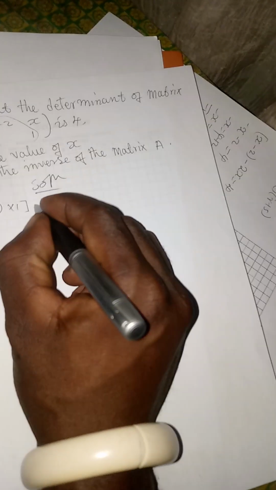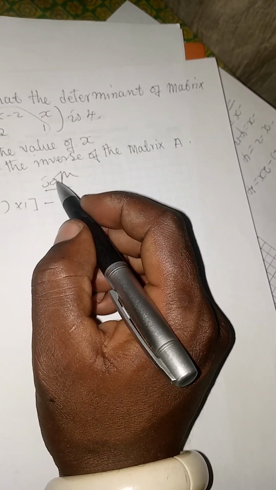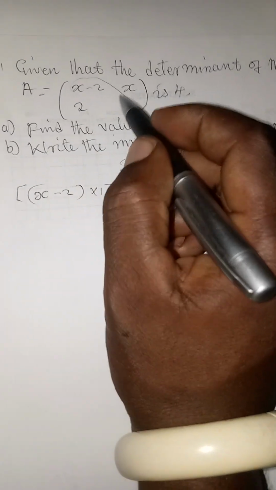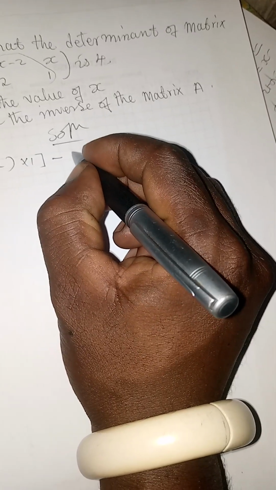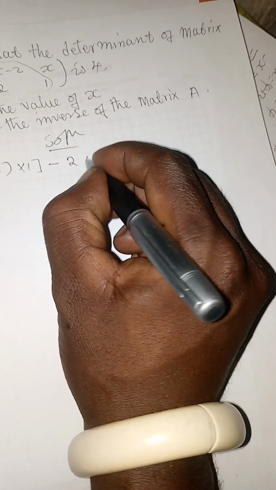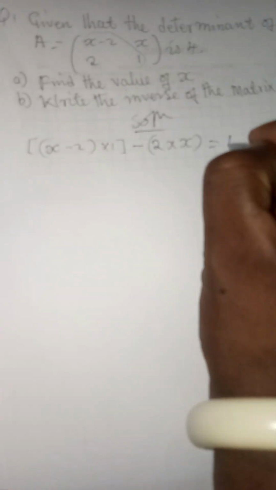And then we subtract the values in the minor diagonal. In this case, we have 2 and x. Therefore, we say minus 2 times x, put them in brackets, and the determinant is given as 4.